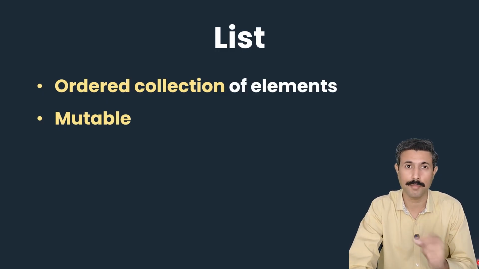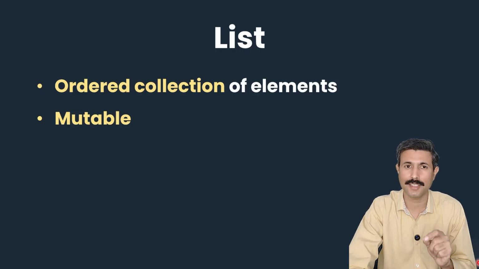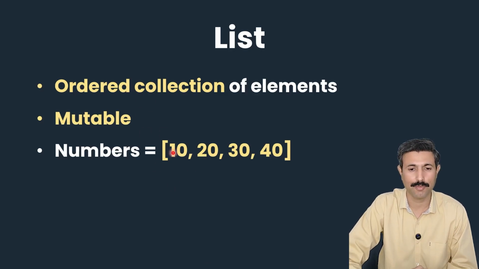That is called mutability. Now let's see, lists are written using square brackets, for example numbers = [10, 20, 30, 40]. These are written inside square brackets, and that is very important.